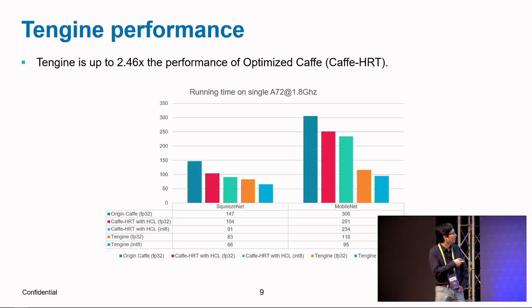We use SqueezeNet and MobileNet as benchmarks because in embedded devices, small networks are more popular. You can see we get better performance even than our optimized Caffe. For this case, we can get 2.46x performance.